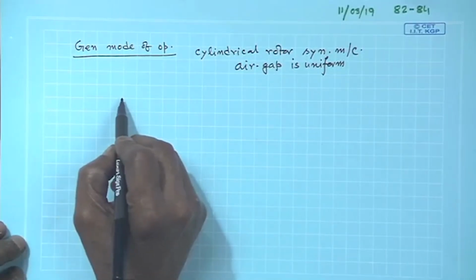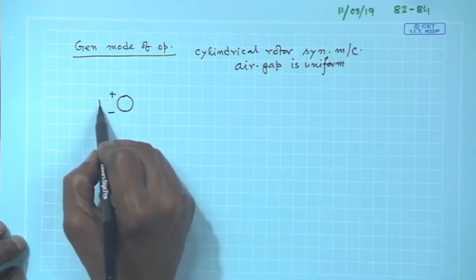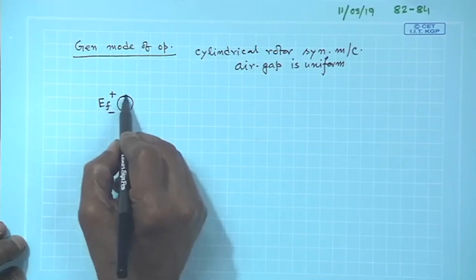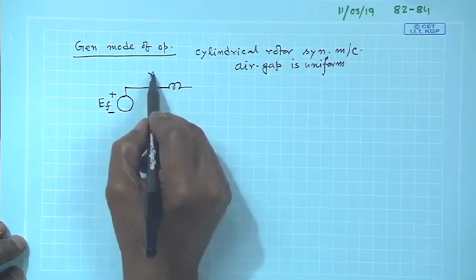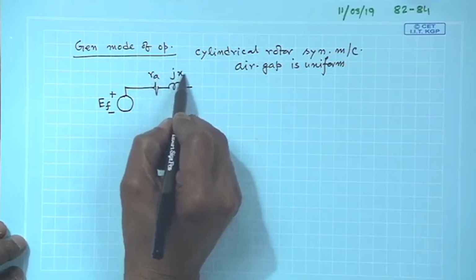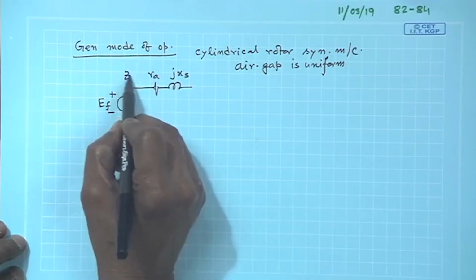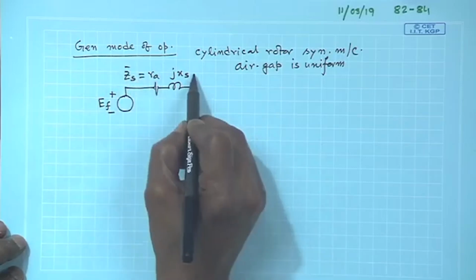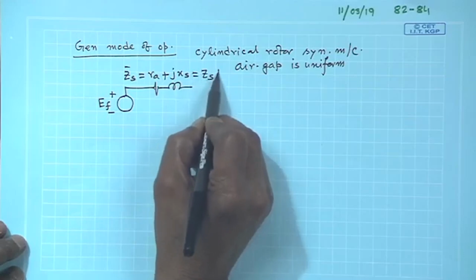So, the equivalent circuit will be something like this, plus minus E f and then R A plus j X S, the synchronous impedance, which is often called Z S, and I was writing it as some magnitude Z S angle beta.